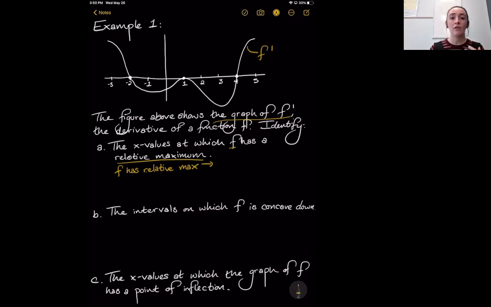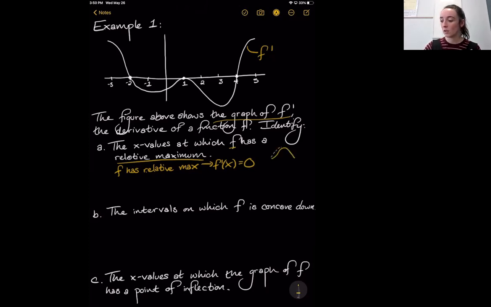Well, I would have to have a critical point, right, where the first derivative, f prime, is equal to 0. There we go. And then also, I know a relative maximum of f would look like this, right?